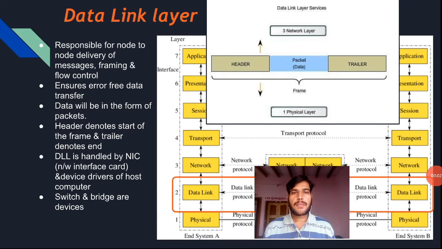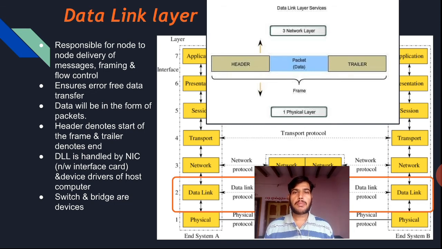In the OSI reference model, each and every layer has its own functionality. As we discussed the functionalities of the physical layer, similarly, the link layer also has its own responsibility. This layer is responsible for node-to-node delivery of messages, and it performs framing and flow control.